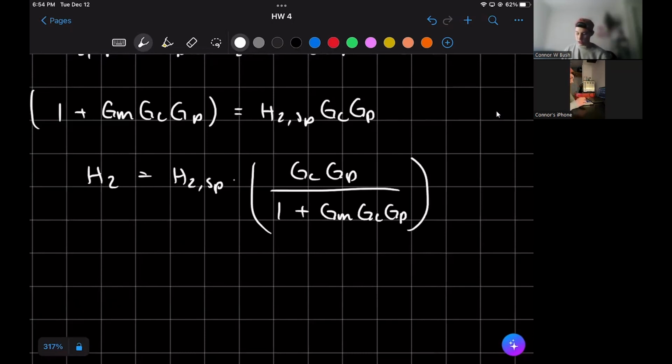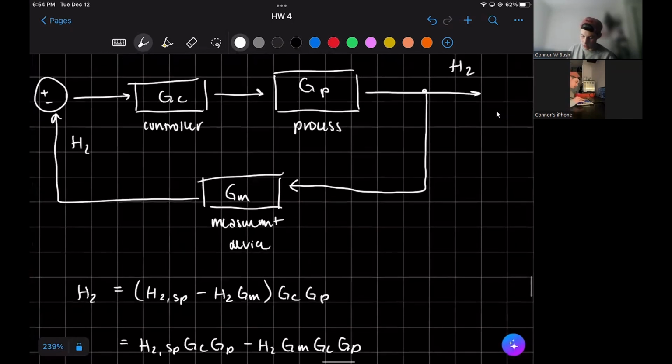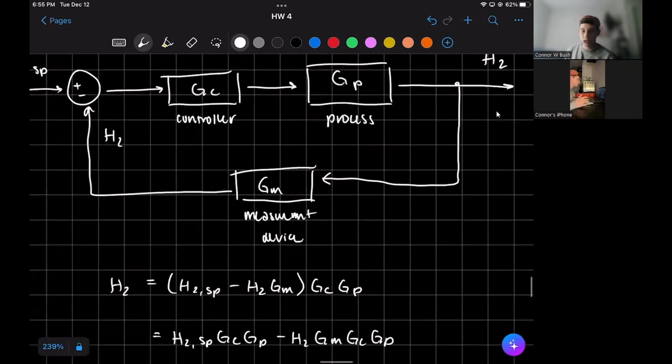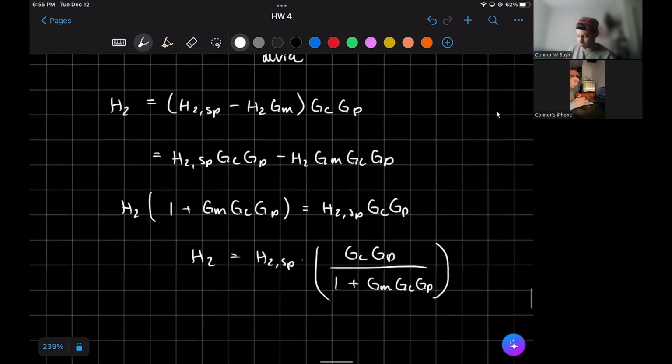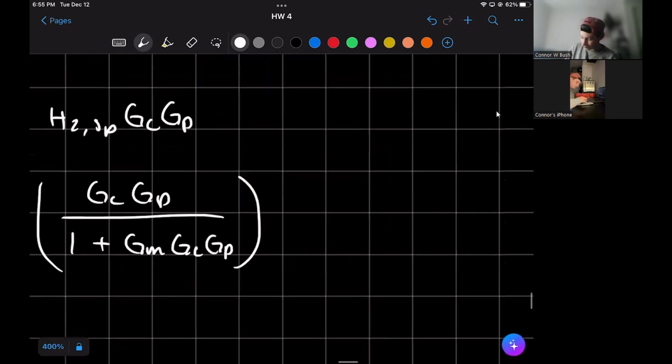Now, if we consider what the forward direction and the backwards direction of our loop is, our forward direction is this top part here with GC and GP, and then the backwards portion is this loop back to the comparator, GM. So GM is the transfer function for the measurement device, and that is the only component for the backwards part.